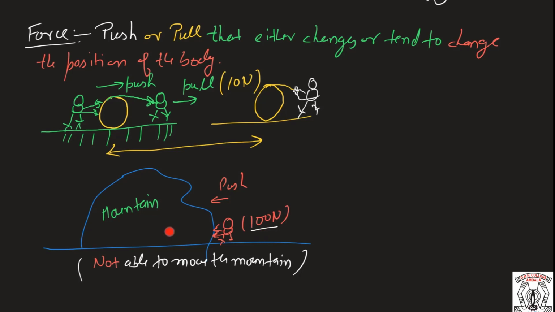So in this case it is not able to change the position, but it is tending to change. So in this case, if I write, it is tending to change the position, but not successful, but still force is being applied. But in this case, if we see, he was successfully displacing this body from here to here.